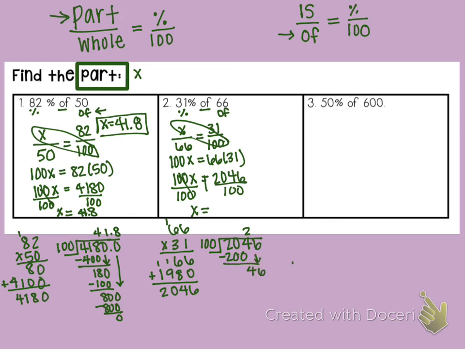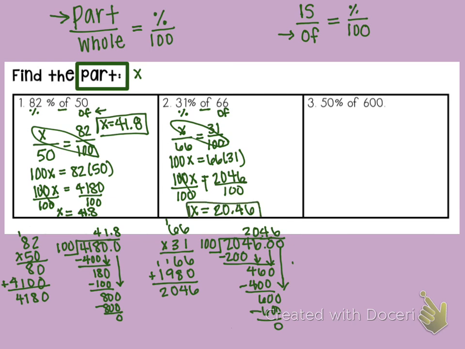Let's bring our 6 down. 100 does not go into 46, so we have to put a 0 right here, and then we need to add a decimal 0 and bring it down. Okay, so then 100 goes into 460 4 times, minus 400. 460 minus 400 is 60. Add another 0 and bring it down. And it goes in 6 times. Minus 600 is 0. So it looks like we have 20.46 is our answer.